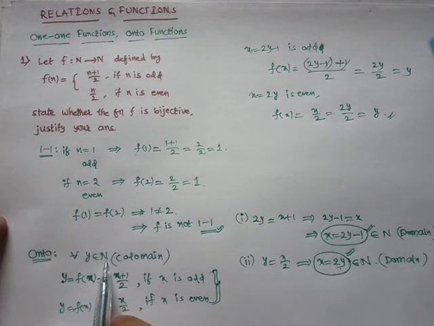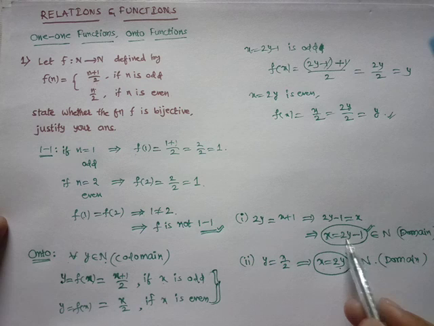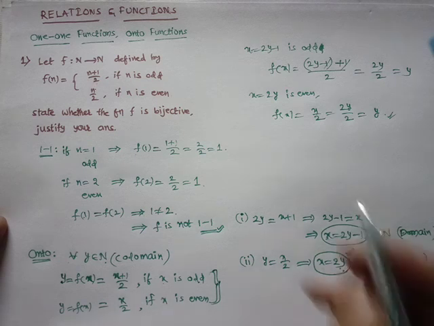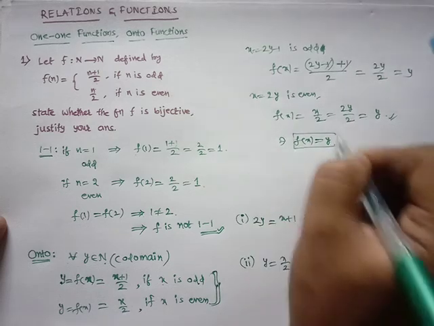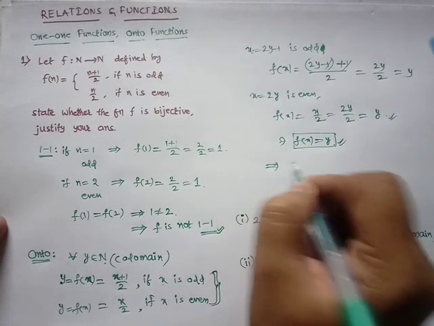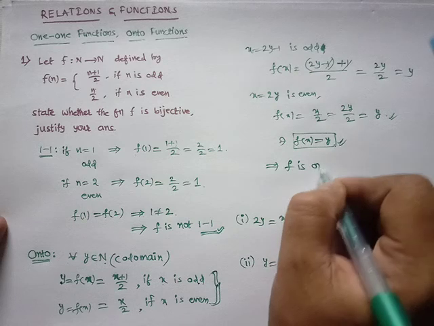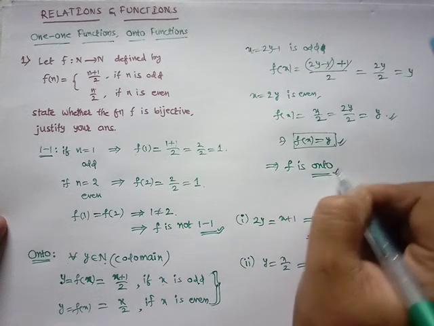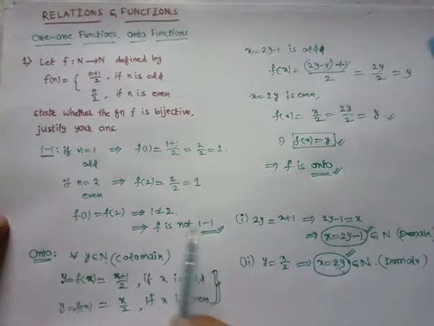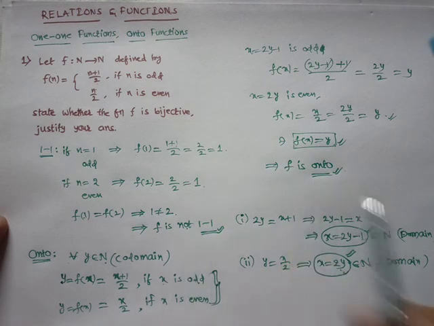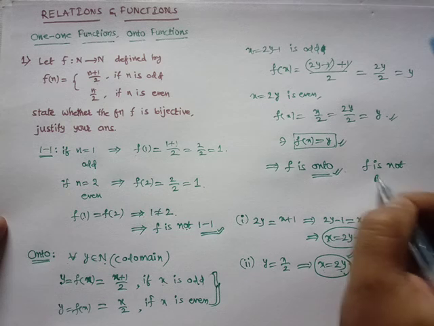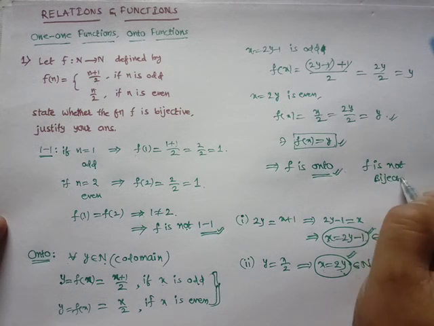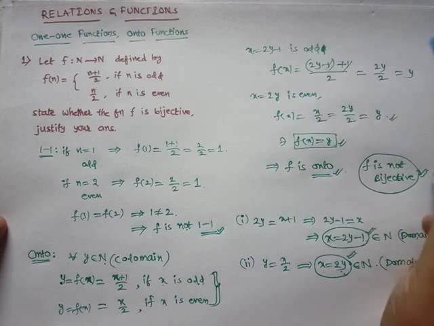For all y belongs to N, there exists an x value, 2y minus 1 or 2y, such that f of x is equal to y. And this implies f is onto. But f is not one-one. f is onto, so f is not bijective. Only one case is getting satisfied, the second case is not getting satisfied.